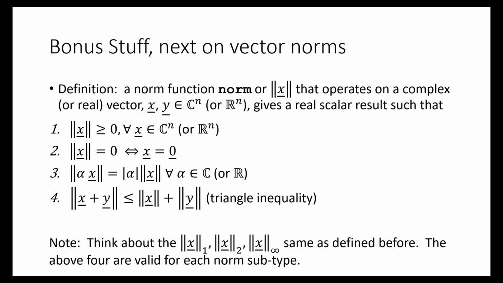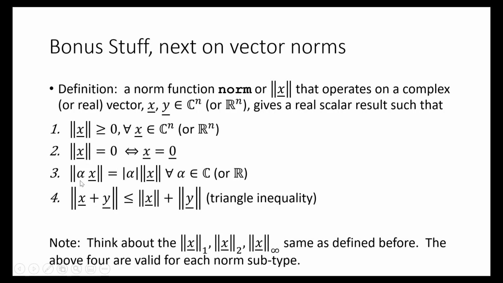That's going to give you a real scalar result. And again, the double bars on the vector here, that's going to give me a real scalar result greater than or equal to 0 for any x in the vector space, and it's going to be equal to 0 only when the x is equal to the 0 vector.